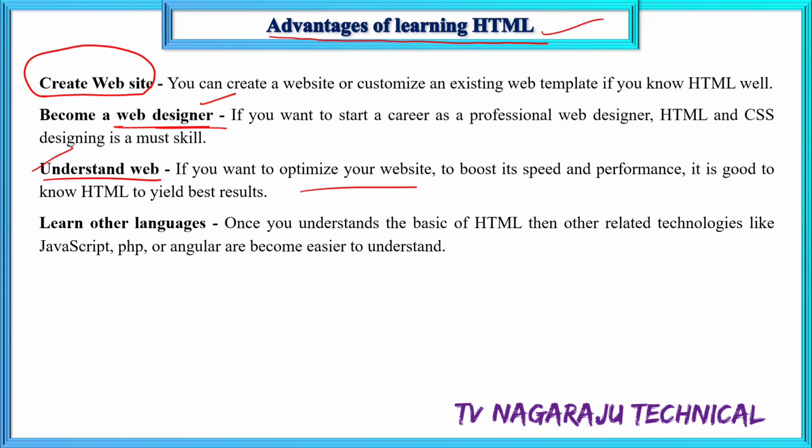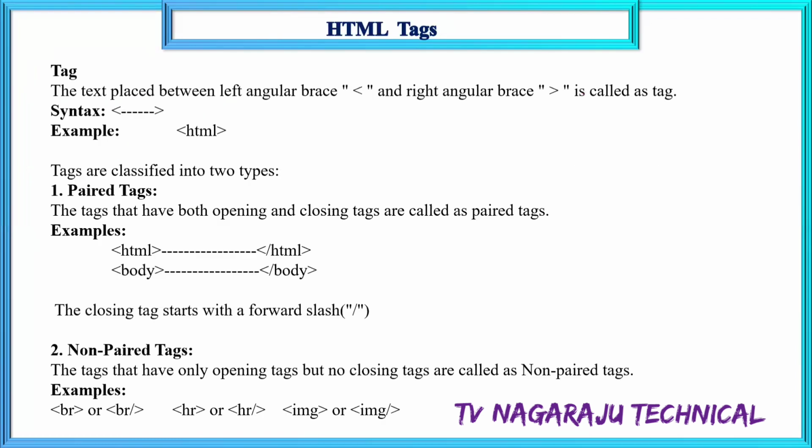Everything you will understand. Finally, once you know the basics of HTML, then we can learn other languages: JavaScript, AngularJS, PHP, React.js. For all those things, HTML is the basic. Clear? Okay, that is the introduction to HTML.